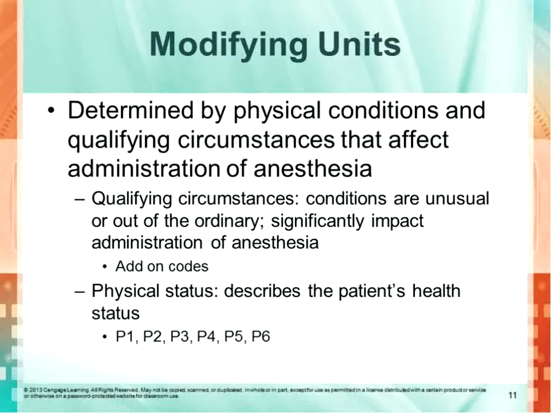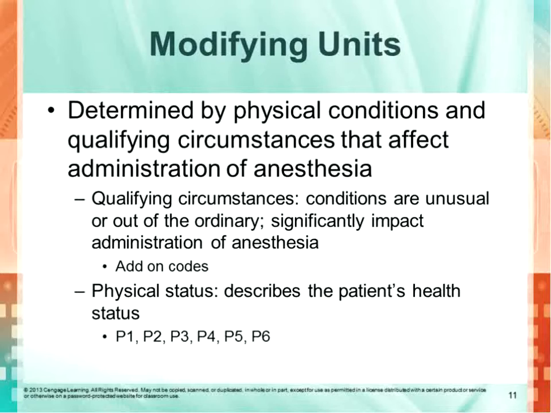Now, your modifying unit is determined by physical conditions and qualifying circumstances that affect your administration of the anesthesia. When we're looking at qualifying circumstances, basically we're talking about conditions that are out of the ordinary that are going to impact the administration of the anesthesia.